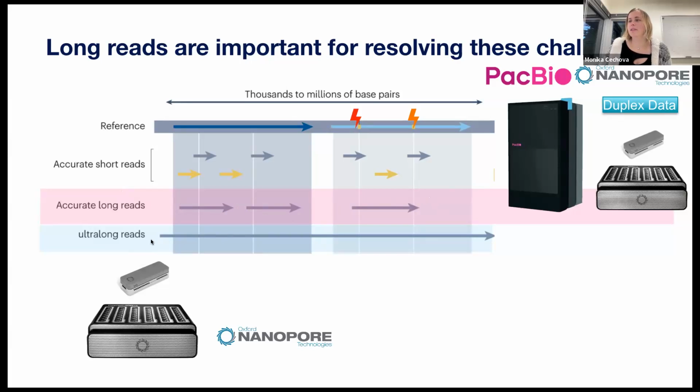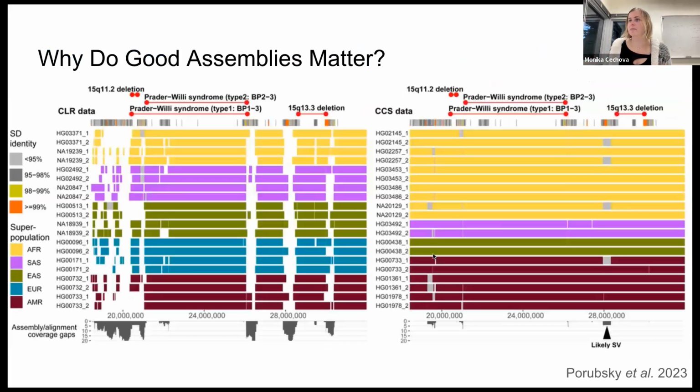But we also have ultra-long reads now, which can be extremely long. You're looking at sometimes hundreds of kilobases, or reads that are longer than 1 MB. So you can imagine that with such a read, even if the accuracy is lower, you can span and put together really long regions.